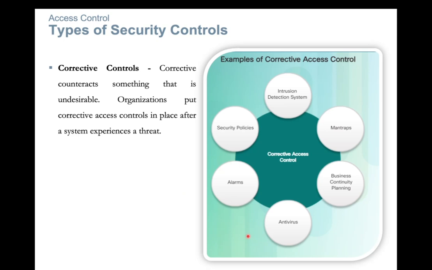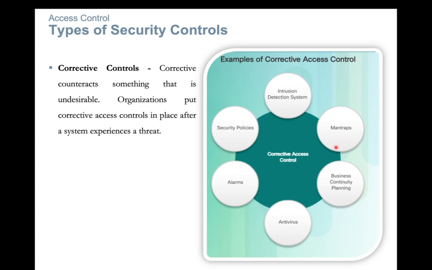Corrective controls restore the system back to a state of confidentiality, integrity, and availability. They can also restore systems to normal after unauthorized activity occurs. Examples of corrective access control are intrusion detection systems, man traps, business continuity planning, antivirus, alarms, and security policies. These are a few examples.